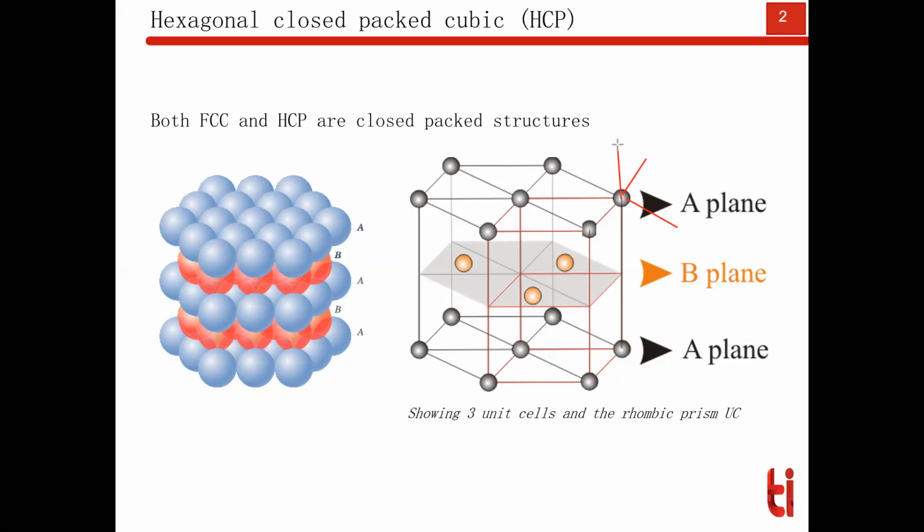So only 1/6 of the atom contributes to the unit cell. Is it clear to everyone why the contribution is only 1/6 from the corner? Because every corner is shared by 6 unit cells. Okay, so let us continue our discussion.